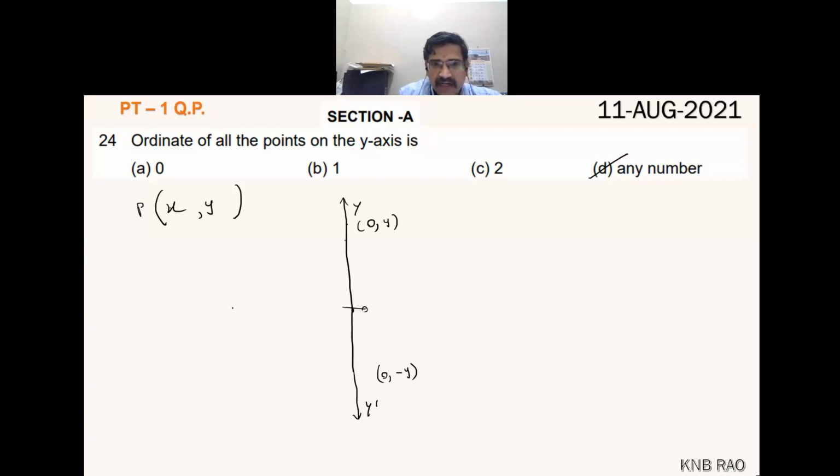But if a point lies on any one of the axes, for example, if it is lying on the x-axis, and it is lying from the origin at a distance of 3 units, then that point will be 3 units, which we call the x coordinate, comma, and it is no distance away from the x-axis.